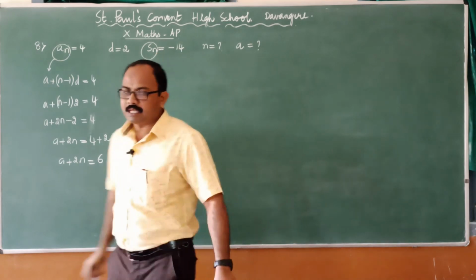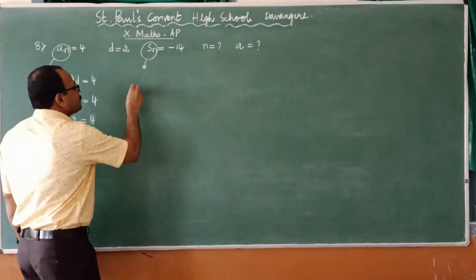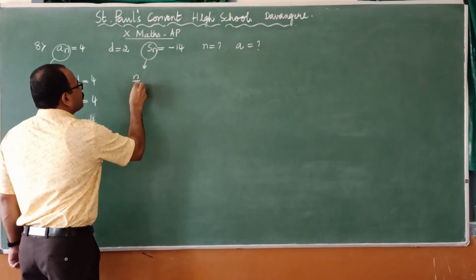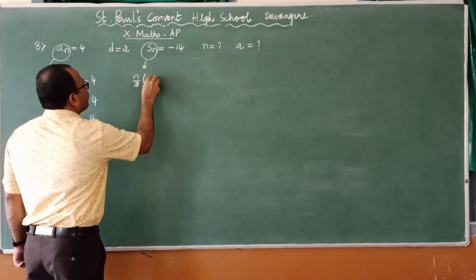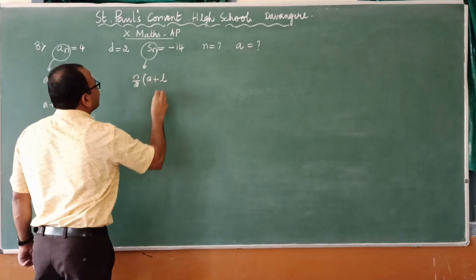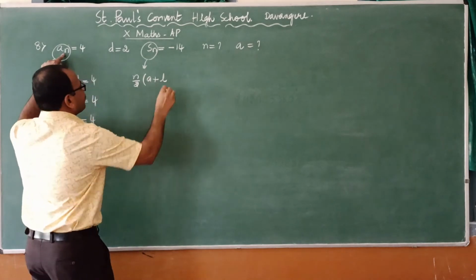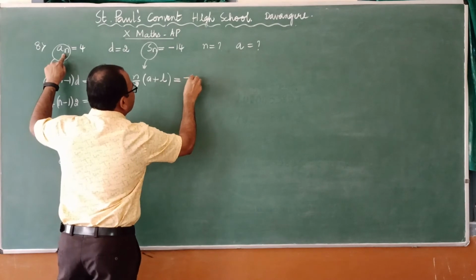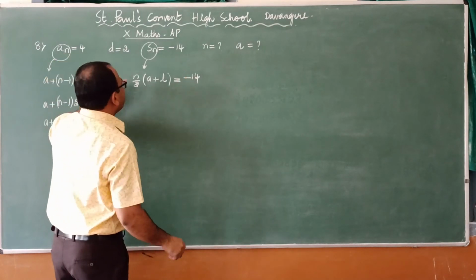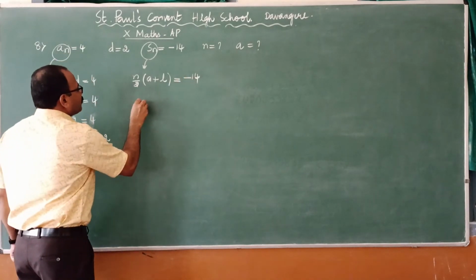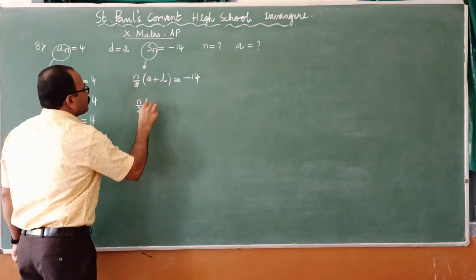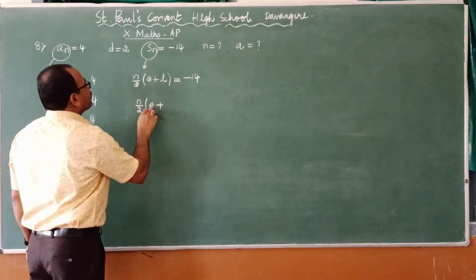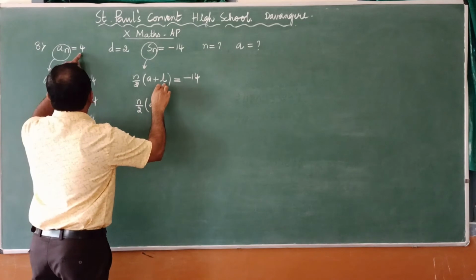Sn, the sum of n terms, can be written as n by 2 into (a plus l), where the last term is given, which will be equal to minus 14. N we do not know. N by 2 into (a plus l), a we do not know, l is 4.